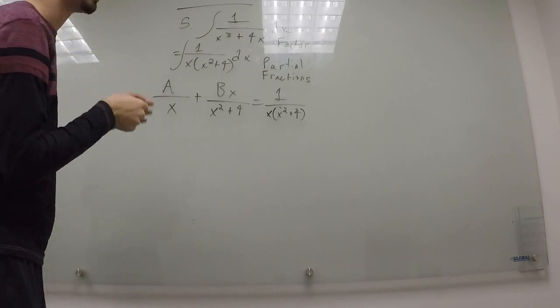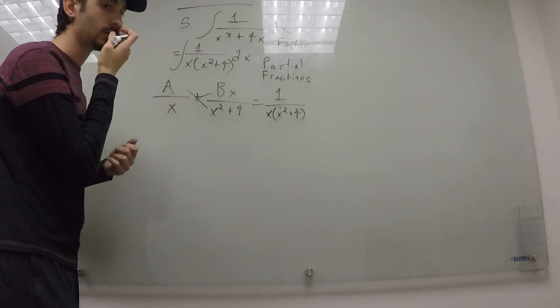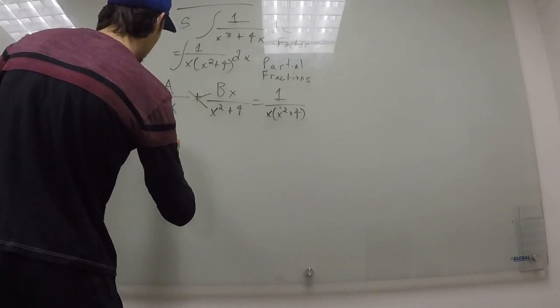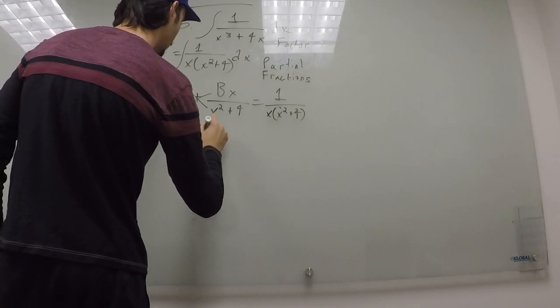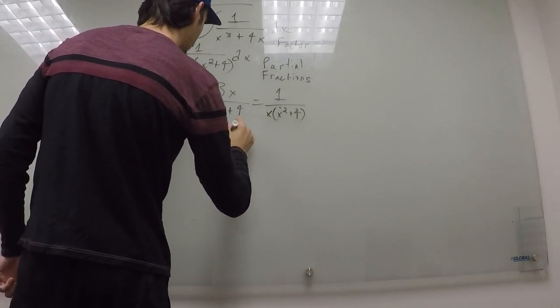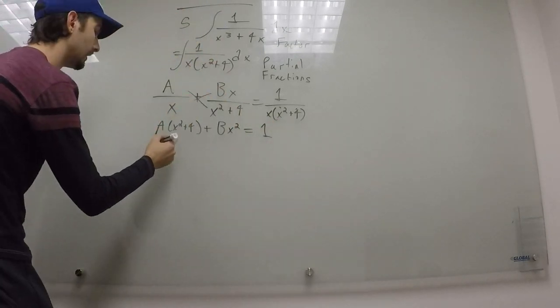Now we multiply these values. We're going to have a times x squared plus 4 plus bx squared equals 1.